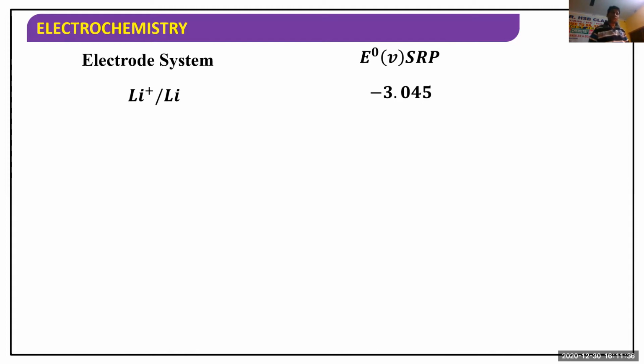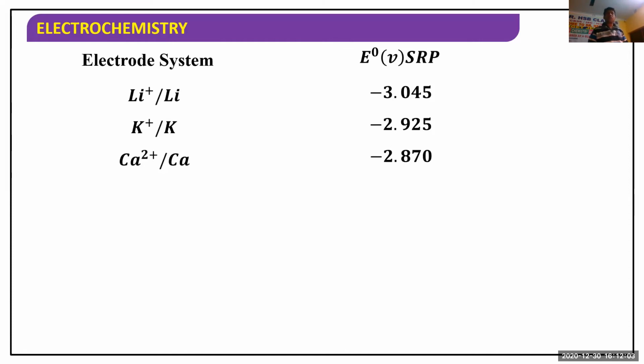This is the reduction potential. For potassium plus to potassium, it will be minus 2.925. Calcium 2 plus to calcium will be minus 2.870.